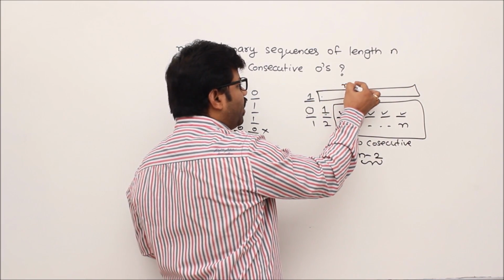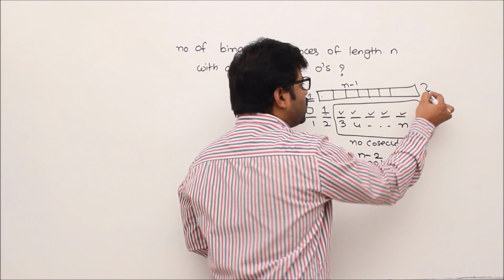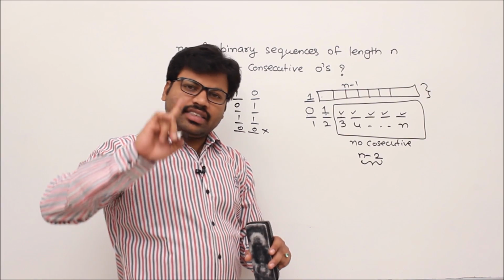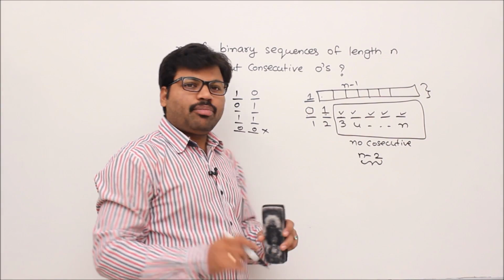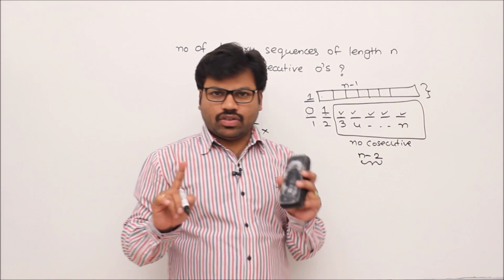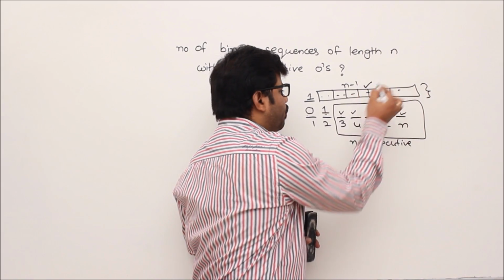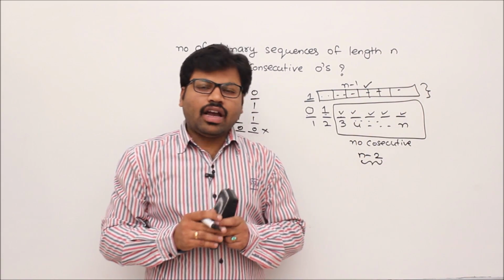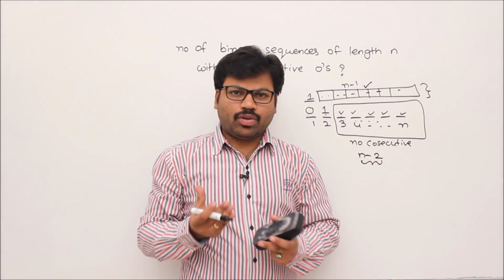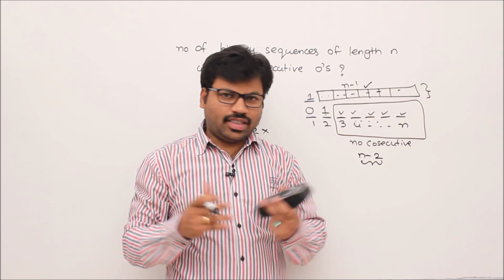They are all independent n minus 1 positions, but the only thing is that the n minus 1 positions should be filled in such a way that there are no consecutive zeros. Finally, I converted my problem to the same problem but with reduced size, isn't it?